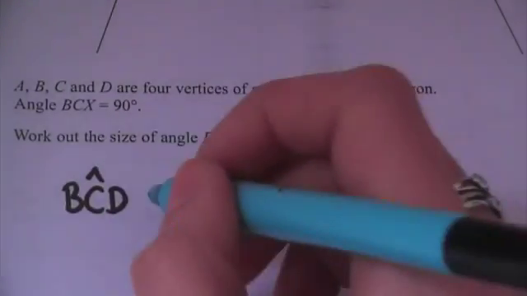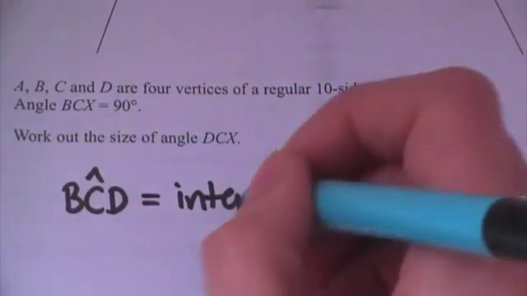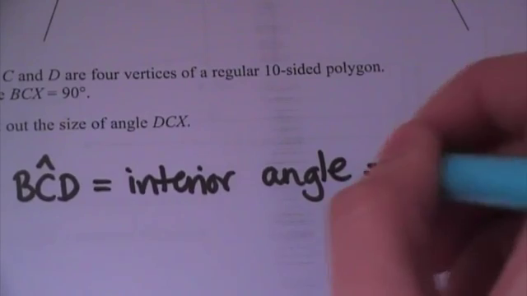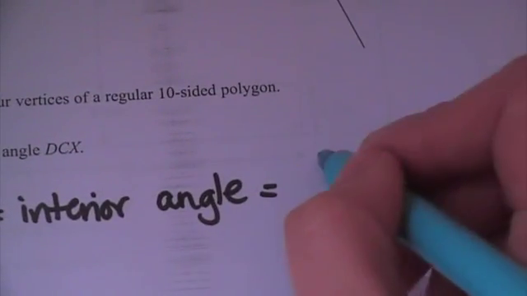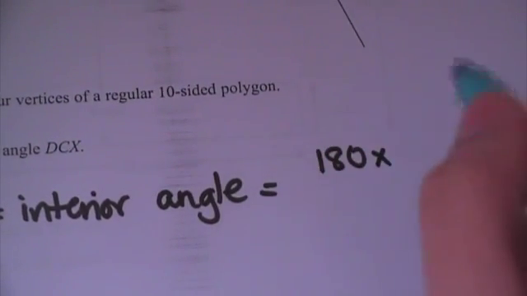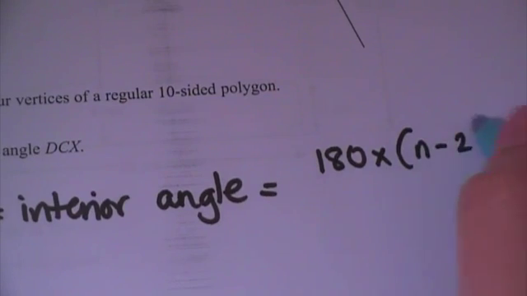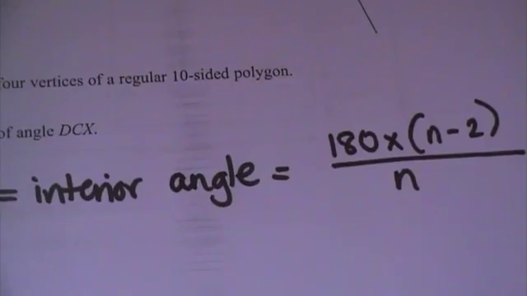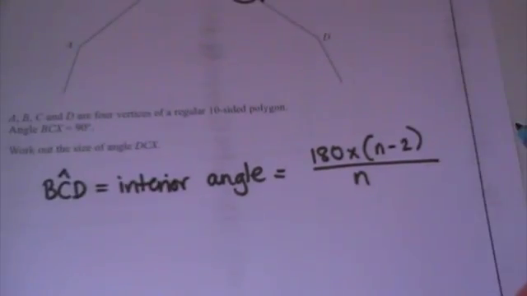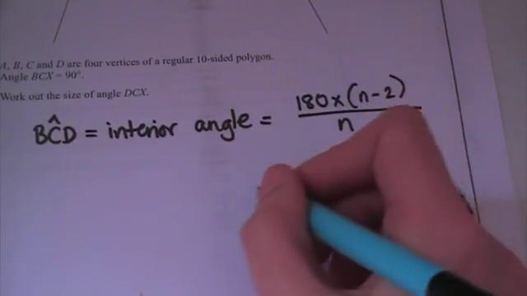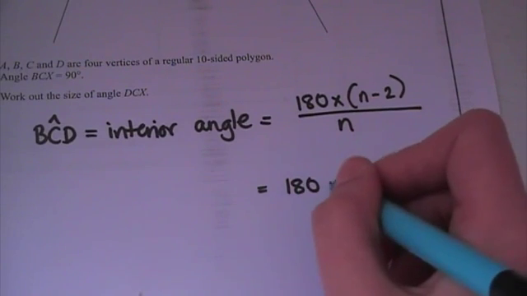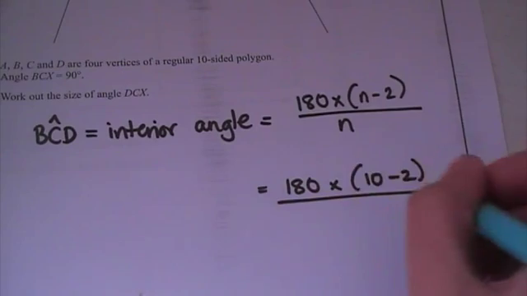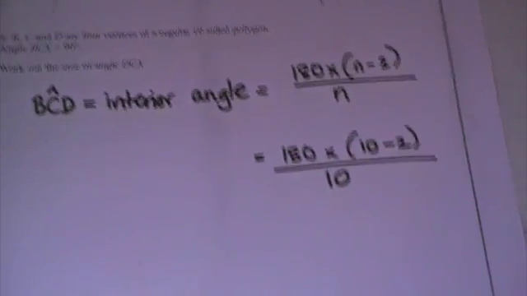It's an interior angle, so the formula for an interior angle is 180 times the number of sides minus 2, divided by the number of sides. The question tells us this is a 10-sided polygon, so that would be 180 times 10 minus 2, divided by 10.